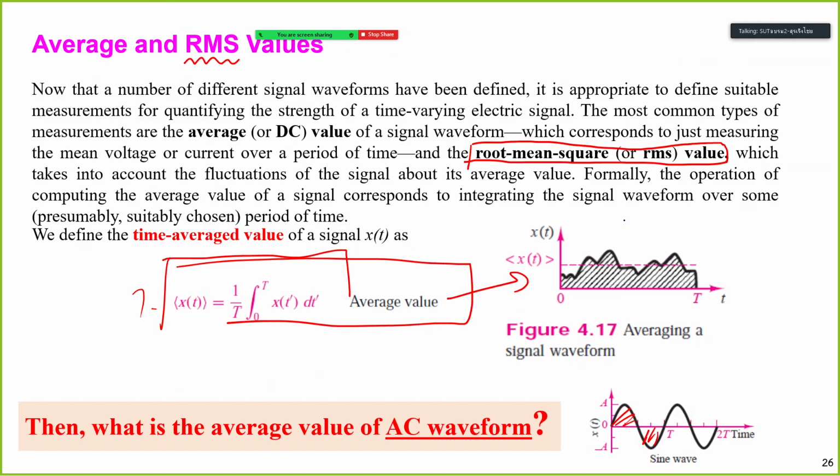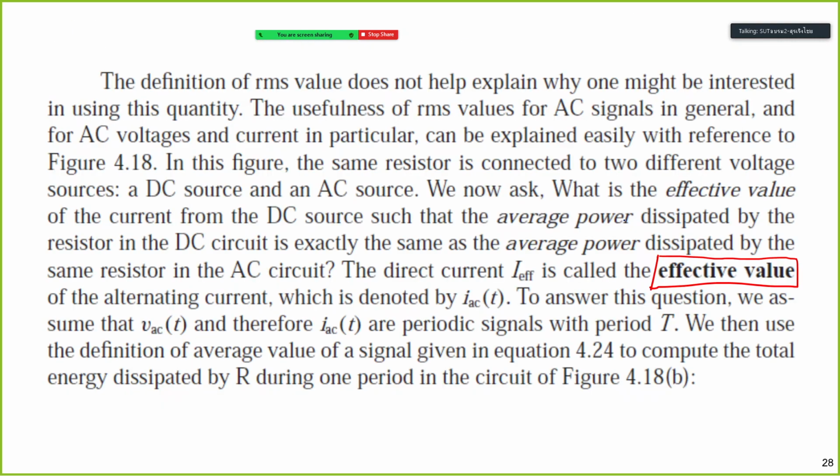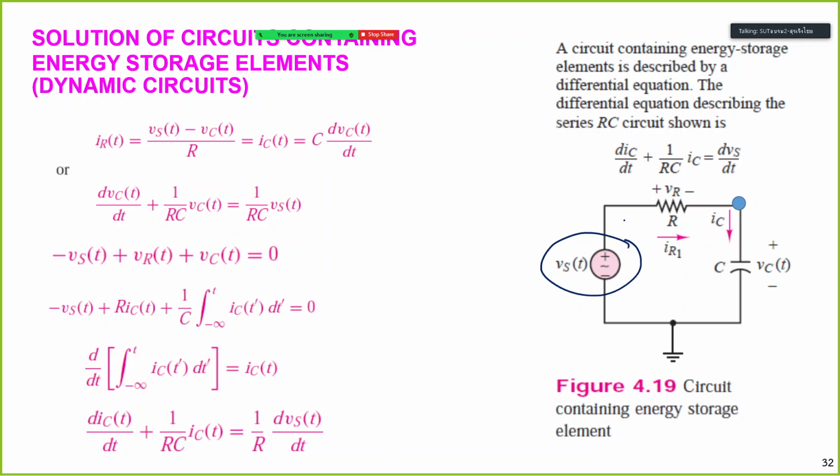So this type of signal has mostly an effect on the storage devices here. For example, if we have a capacitance in the circuit, solving this type of circuit will be complex, and we have to solve in the form of a differential equation.